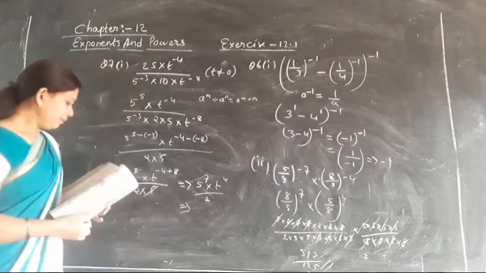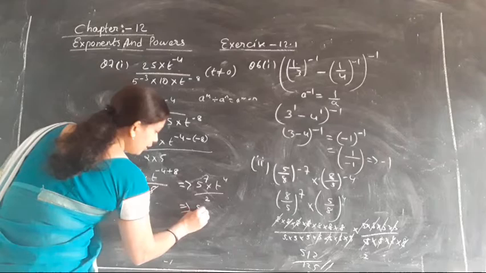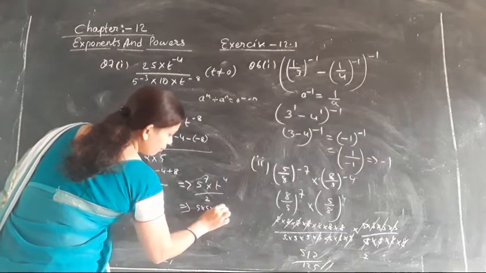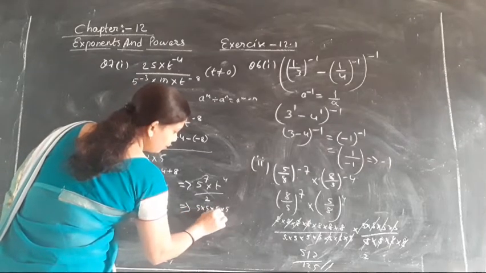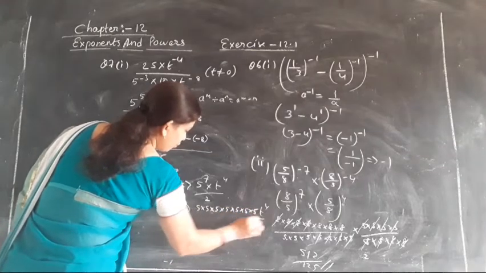Now how many times is 5 there? 5, 7 times. So 5 into 5 into 5, 1 2 3 4 5 6 and 7, t to the power 4 upon 2.